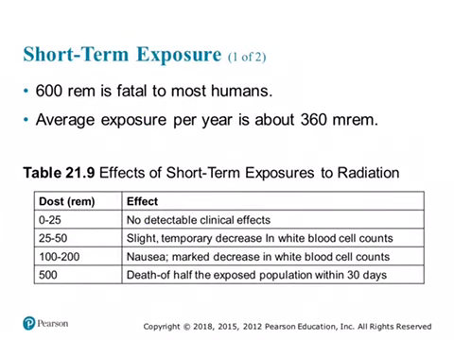So 600 rems is fatal to most humans, and average exposure per year is 360 millirems. So let's look at the effects of short-term exposure.